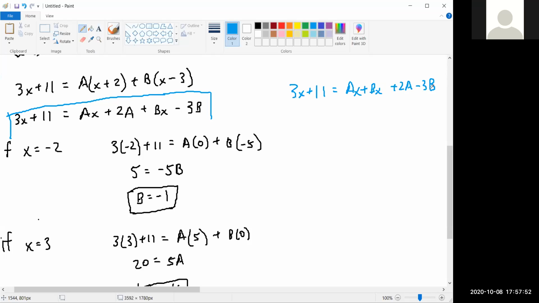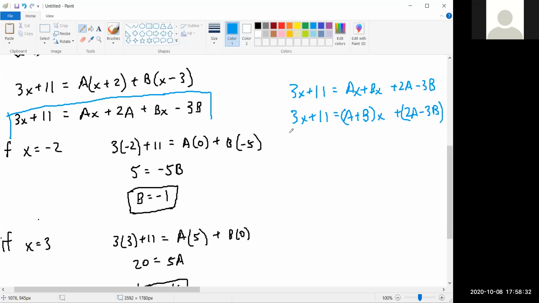Yeah, and I think someone in the chat was referring to this. What we can do is group the coefficients by their degree. It's a linear function, right? This is 3x plus 11. On the right-hand side of the equation, there are two terms with an x. I can factor out the x. So I have a plus b times x, and then plus 2a minus 3b. Okay.